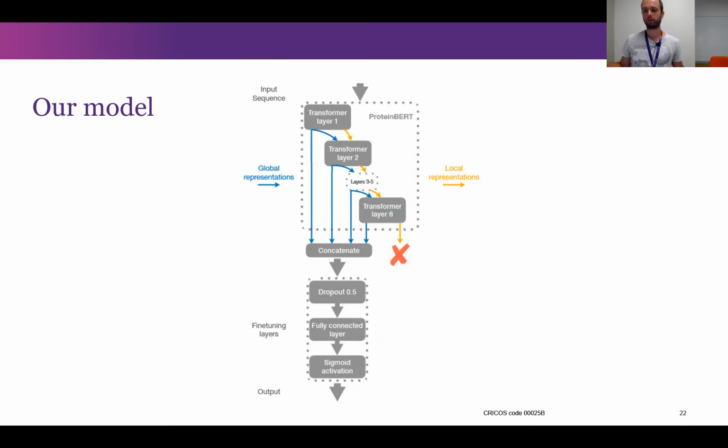By concatenating them, we just stack them, obtaining a vector of length 6 times 768. The dropout layer is a regularization layer. It basically turns off random connections with probability 0.5, and it helps the model not to overfit. As I said, it adds some regularization.